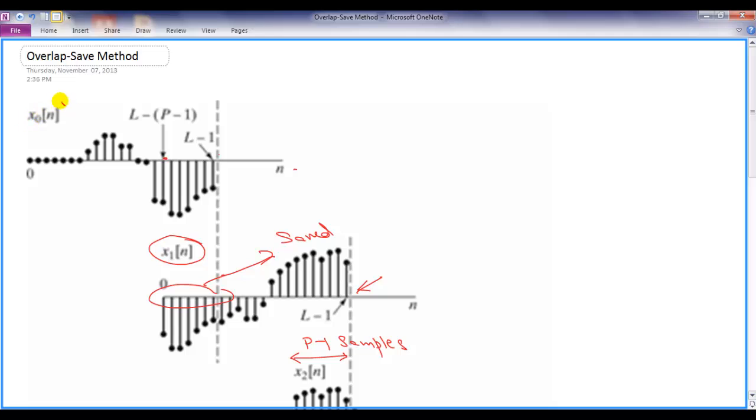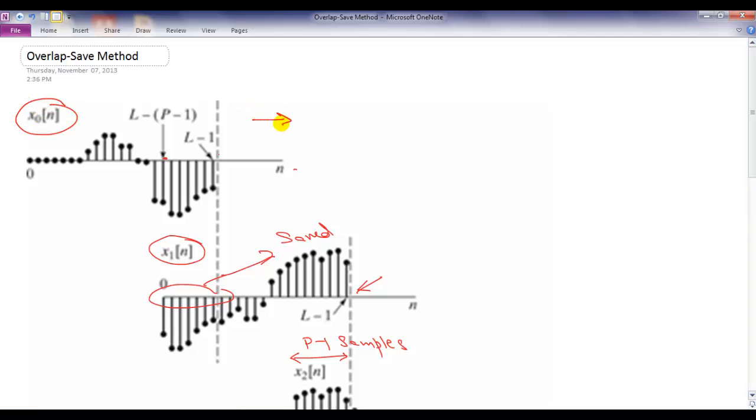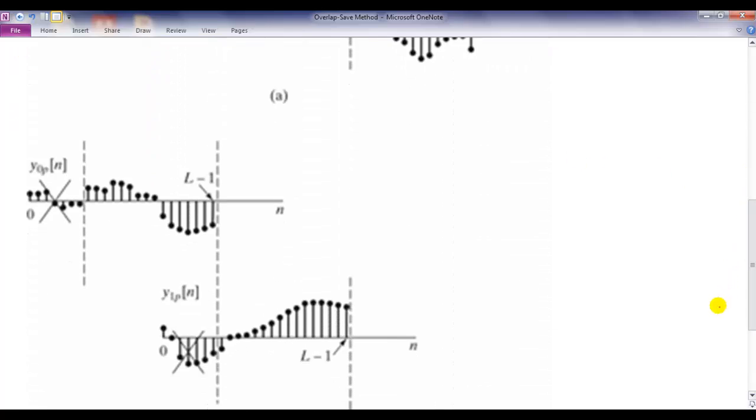Now I take this x_0[n] and compute y_rP[n] equal to x_0[n] circular convolution with h[n]. So let's use r equal to 0, and I get back this thing. This is my y_0P[n].